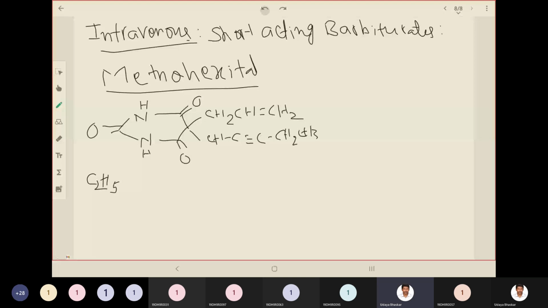To see the structure of diethyl malonate: CH2, C double bond O, OC2H5. So this is diethyl malonate, added with 3-bromo propene.